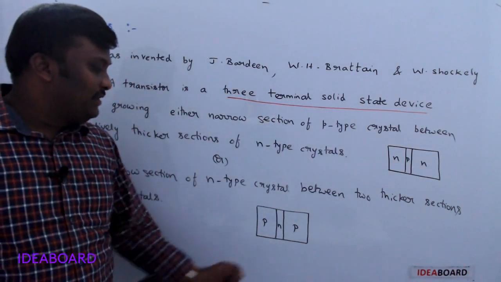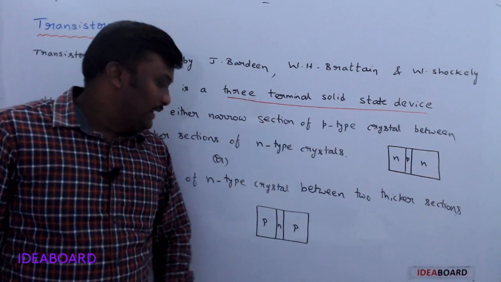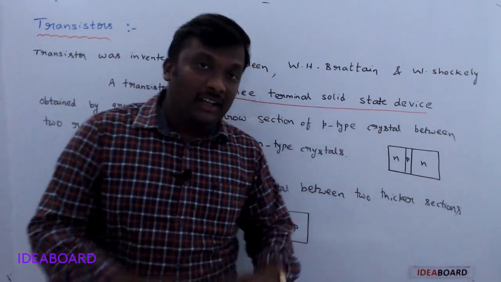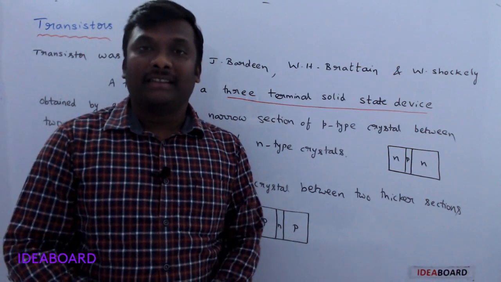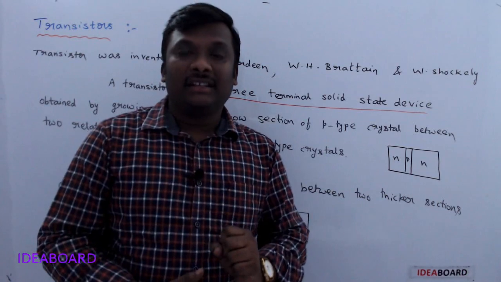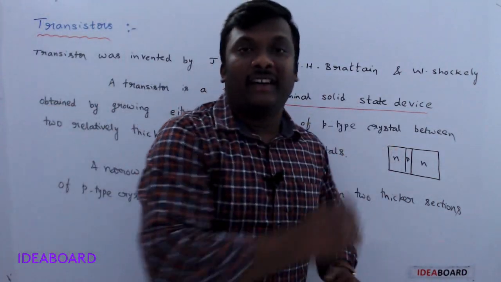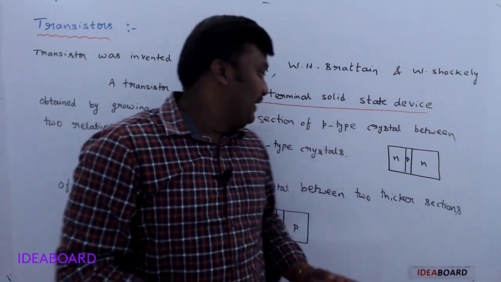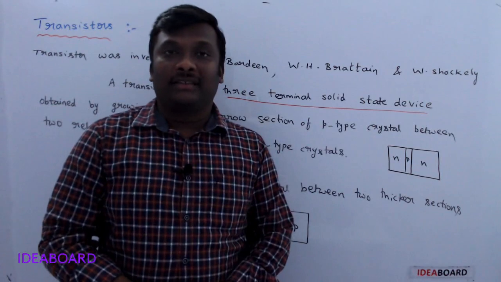What is a PNP transistor? It consists of a layer of n-type material sandwiched between layers of p-type material. Understand? So this is about the transistor. A transistor is nothing but a three-terminal solid-state device, and it is of two types. One is the NPN transistor, another one is the PNP transistor.